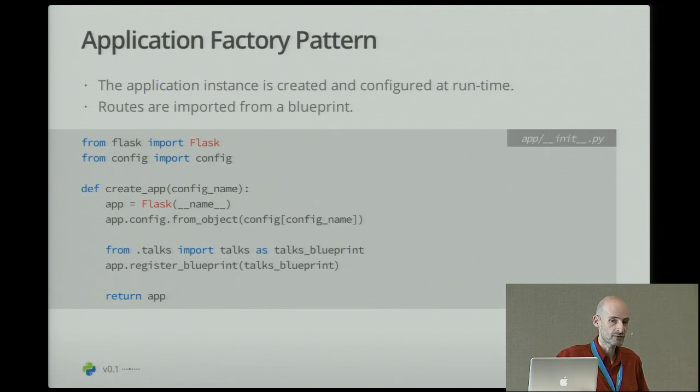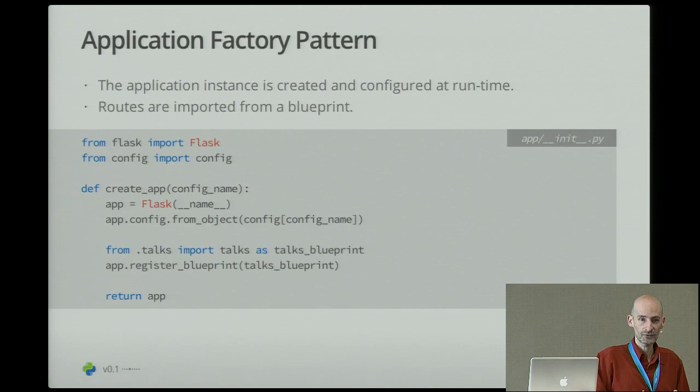The main problem is that by the time you gain control of your Python script, the application has been created and configured because, you know, it's a global variable, so Python runs that code as it parses the file, and then you get to your main function, and if you need to configure anything or change the application in any way, it's already too late, so you can't do it.